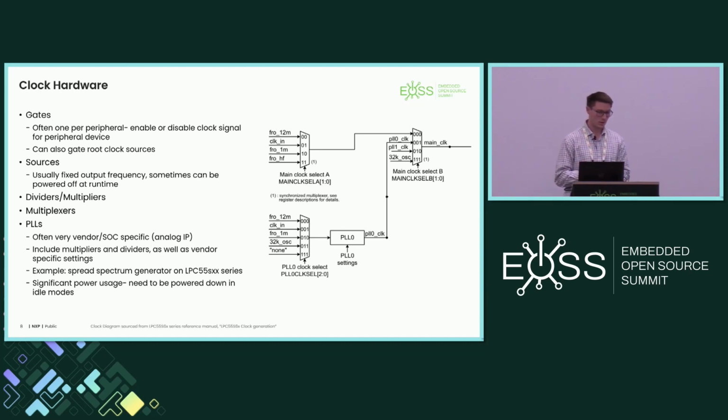PLLs are also worth highlighting here because a lot of the stuff that I just mentioned is generic. Sources, there's a gate bit or something like that. Dividers, again, there's only so many ways you can divide a clock. Multiplexers, it's usually just a setting in a register that corresponds to each input. But PLLs can have all these different settings. They're very much specific to each vendor.